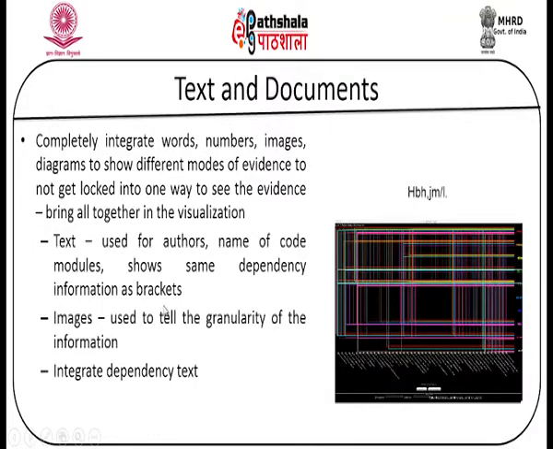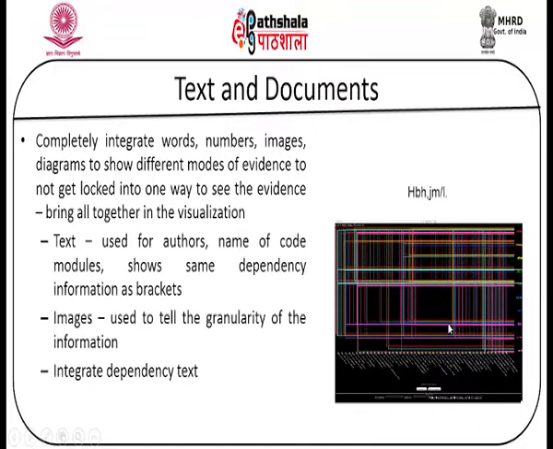The other kind of visualization is text and document visualization. Here, in the case of text and document visualization, we try to completely integrate words, numbers, images and diagrams to show different modes and not get locked into only one way to see the evidence. We try to bring all these together in the text or document visualization.